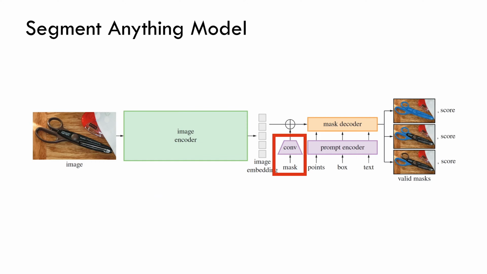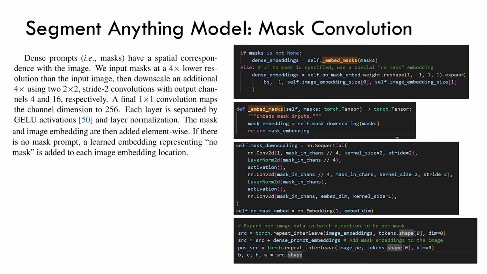So the mask we saw before, what is the role of the mask? Now let's go into the detail of how it's combined with the image. Basically the masks are called the dense prompt in the Segment Anything model.